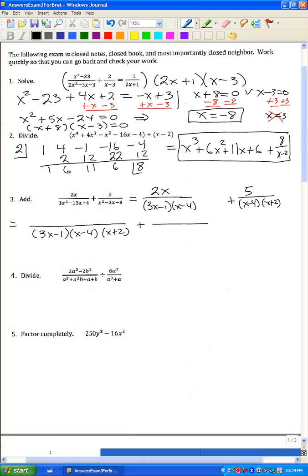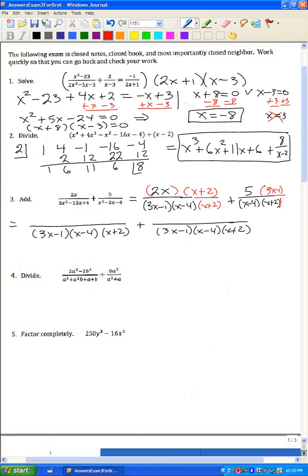And so let me multiply and divide this first term by x plus 2. Let me multiply and divide the second term by 3x minus 1. One second.